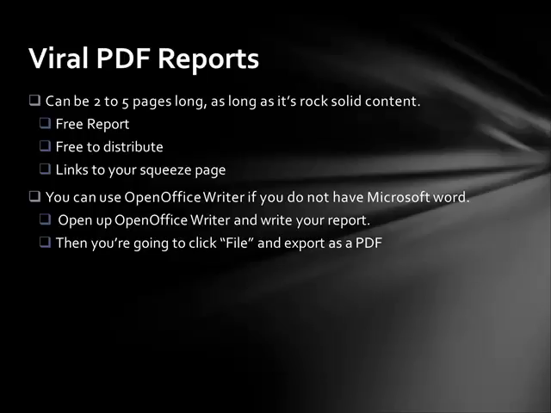You can just use the Microsoft Word that you already have. But if you don't, you can use Open Office Writer. Then you're going to click File and Export as a PDF. Once you do that, you have a PDF that you can now give away, and you have a clickable link inside the PDF that will become part of your viral report.